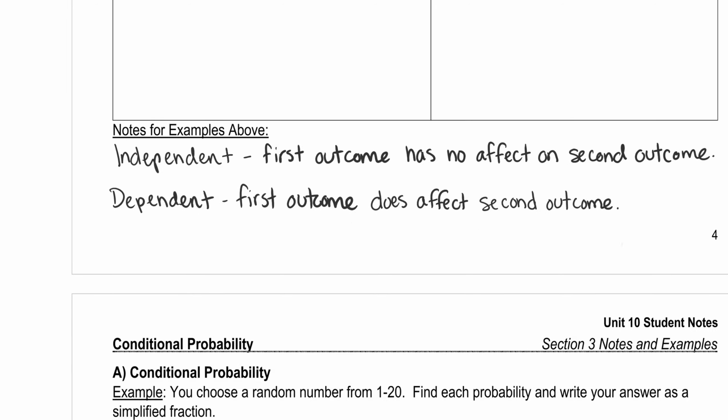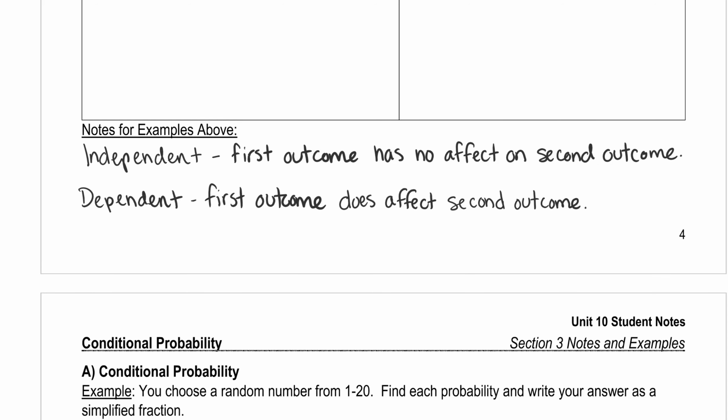So dependent. Let's say you pick a random state to go visit, and then you pick a famous landmark to go see. Well, the state you pick would have some effect on what landmarks you can go see in that state, right? Okay, that'd be an example.